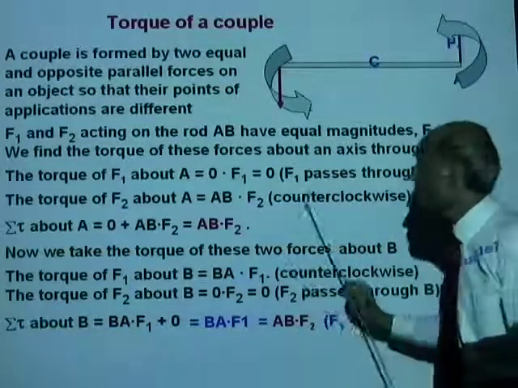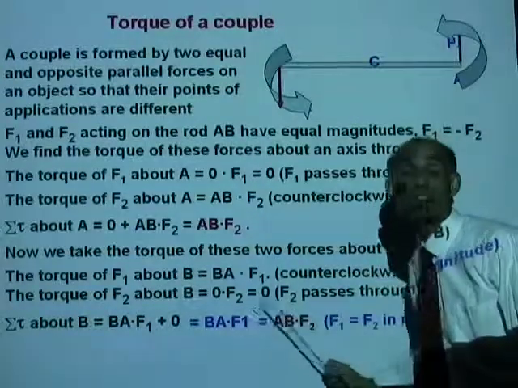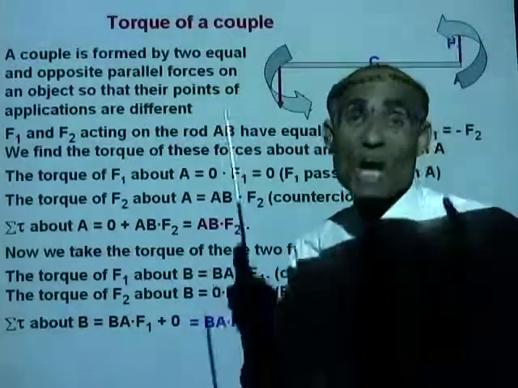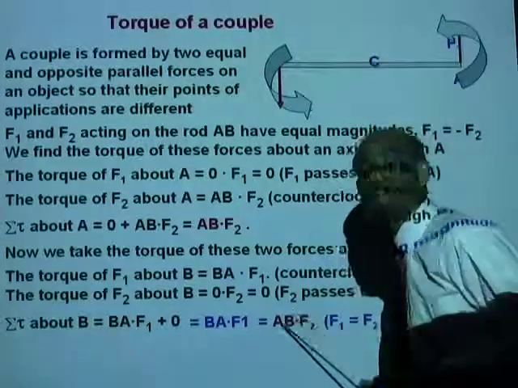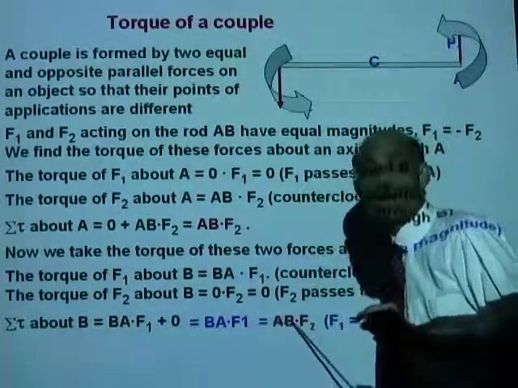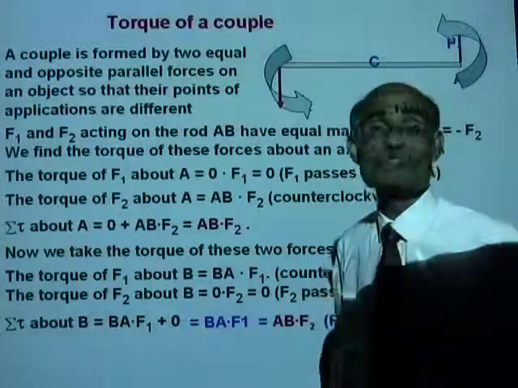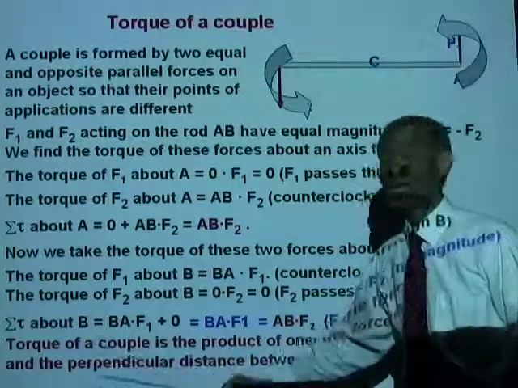Now remember, this F1 is the same as F2 in magnitude. So if you want to find the torque of a couple, all you need to do is multiply the perpendicular distance between the forces by one of the forces, and that will be a measure of the torque of the couple. So I have defined it here.